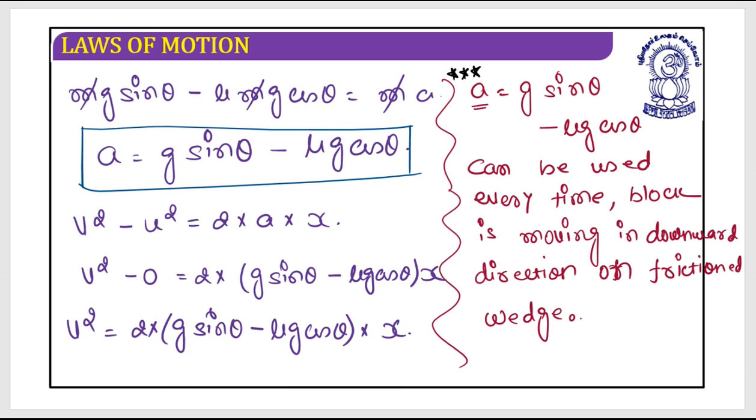So this is the velocity, and you have a complete change in the question. It's 0 minus u square, equals minus 2 into something like this, and this could be written as u square equals 2 into g sin theta minus mu g cos theta into x, because this minus has become plus.